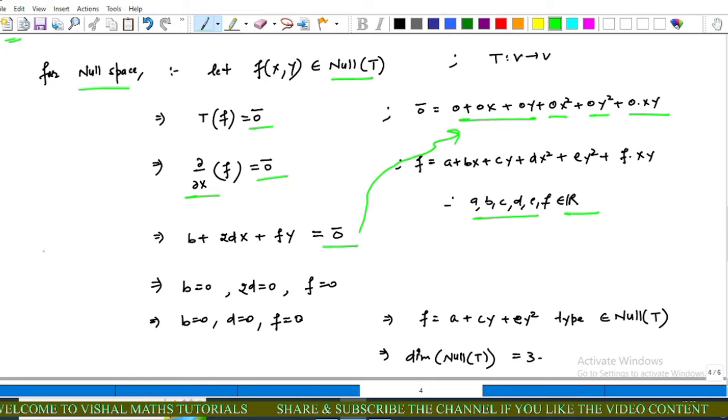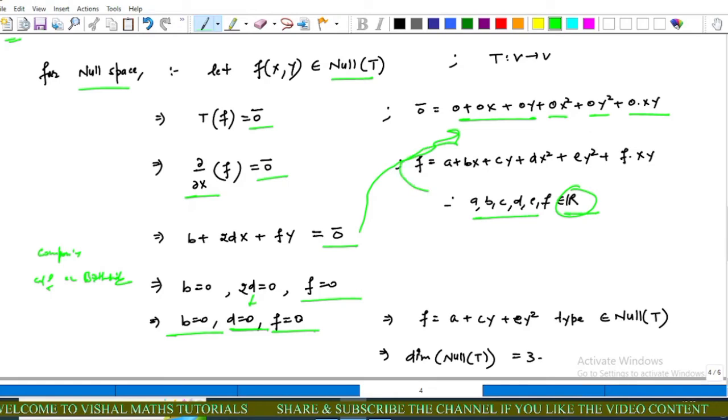Comparing coefficients on both sides, we get b = 0, 2d = 0, and f = 0. In the set of real numbers, if 2d = 0, this implies that d = 0, that is b = 0, d = 0, and f = 0.